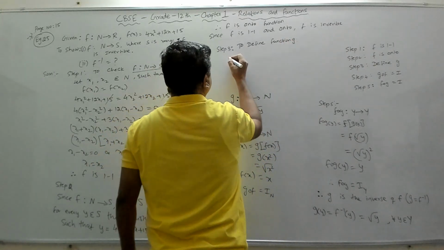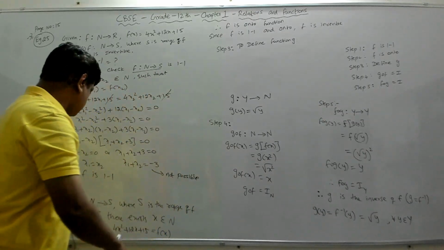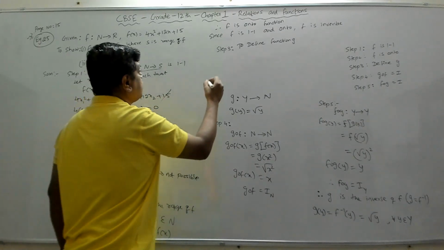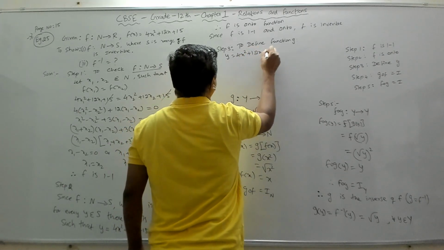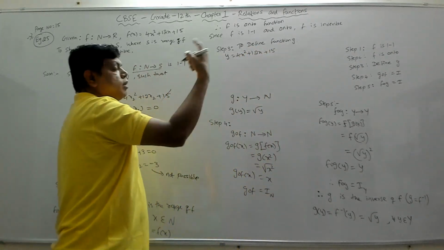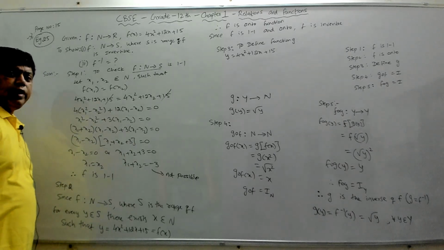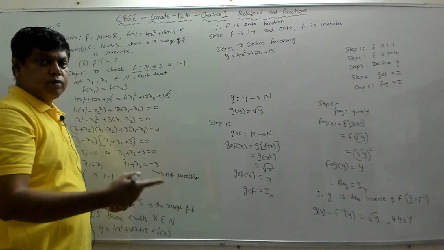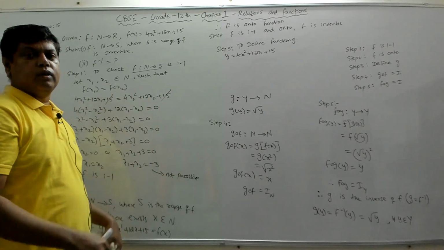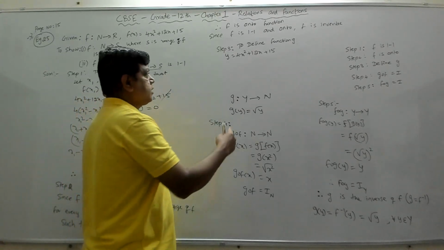Now how do we define the function g? Again we first write y is equal to 4x square plus 12x plus 15. Now we have to write x in terms of y, which means you have to find the value of x. We have to solve and find x from this equation.